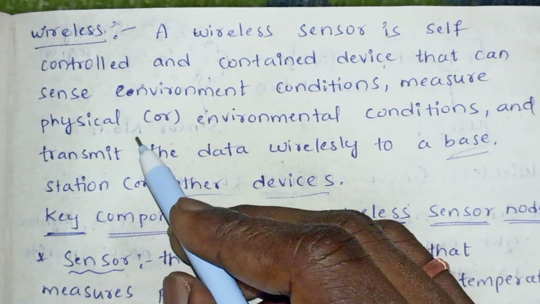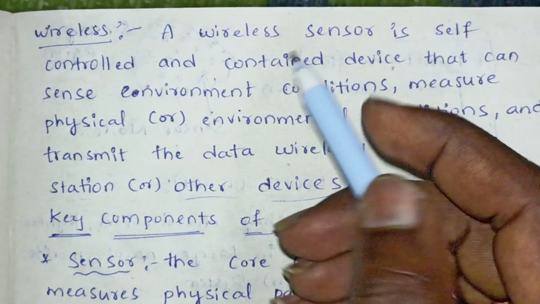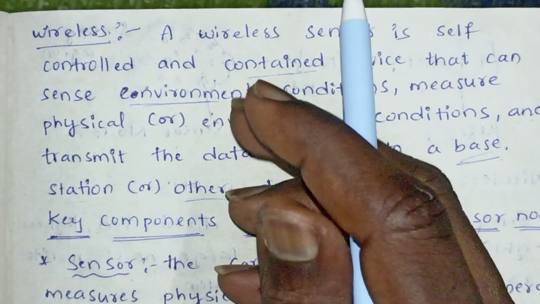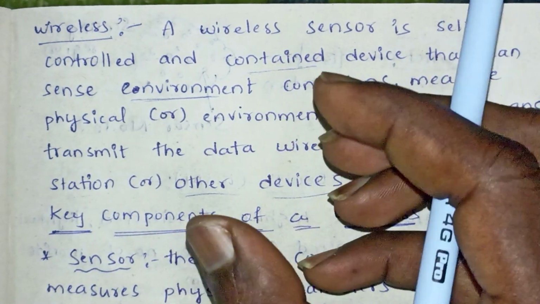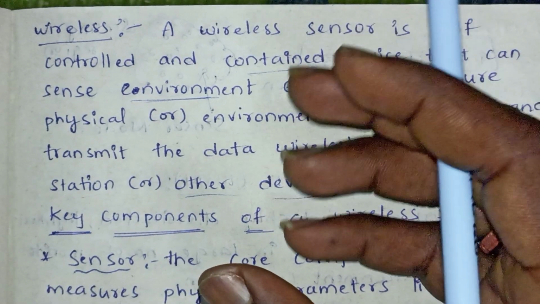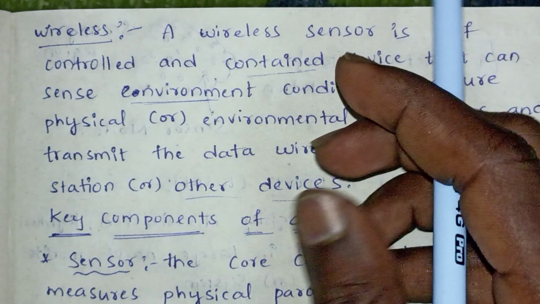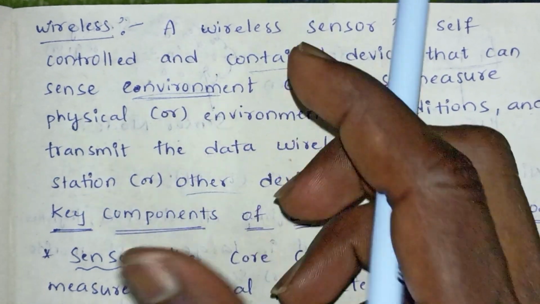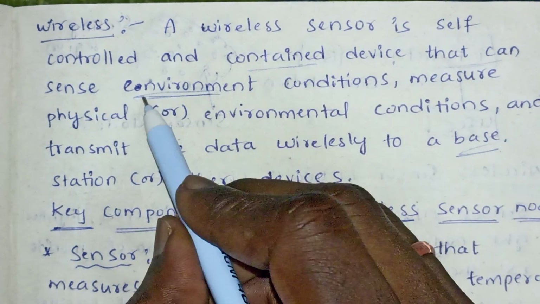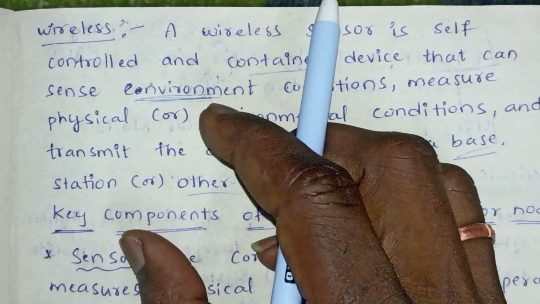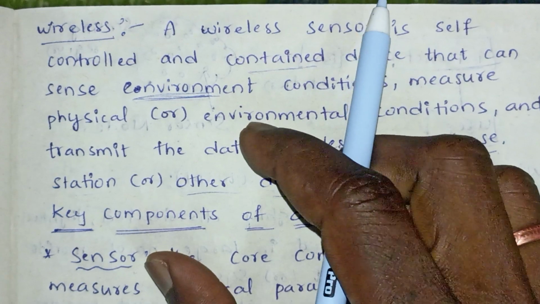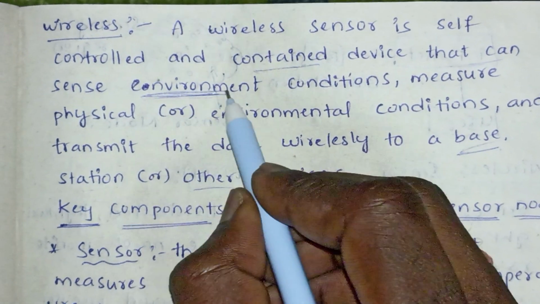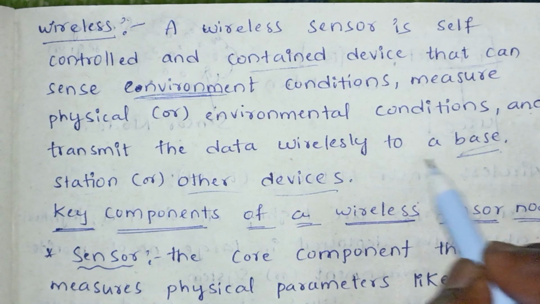So the device contains a sensor that can sense the environment. For example, a device that senses the weather. It can determine the weather forecast, whether the situation is rainy or sunny, and the humidity. All this data is collected and sent to the base station.